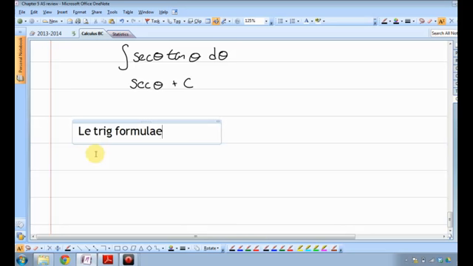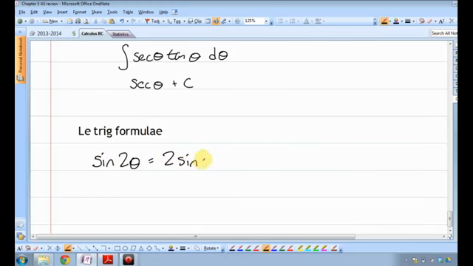Okay, so, wow. Let's see if I can remember this. Sine 2 theta is 2 sine theta cosine theta. Cosine 2 theta is, I think, sine squared minus cosine squared. No, it's the other way around.